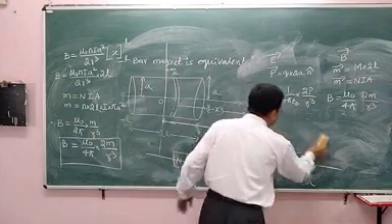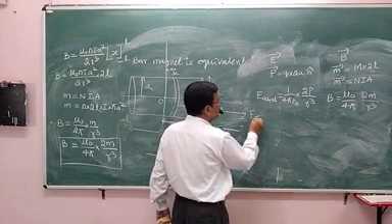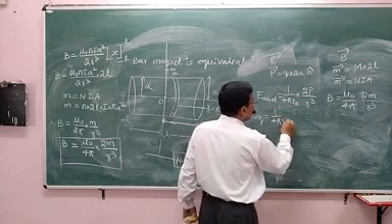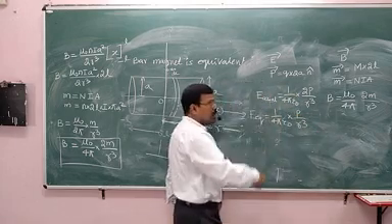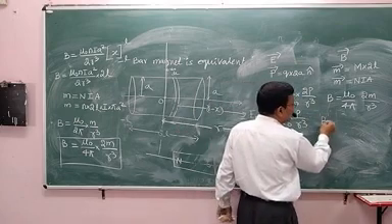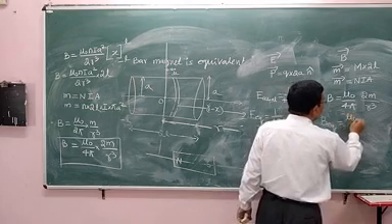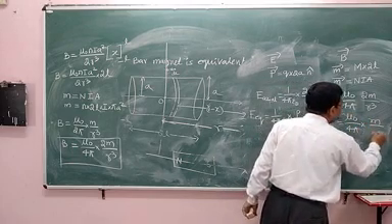How do we write it? It's very simple. E equatorial is equal to 1 by 4 pi epsilon naught into p by r cube, that is half of this. And B equatorial is equal to mu naught by 4 pi into M by r cube.